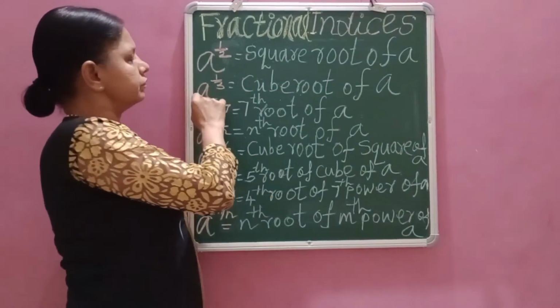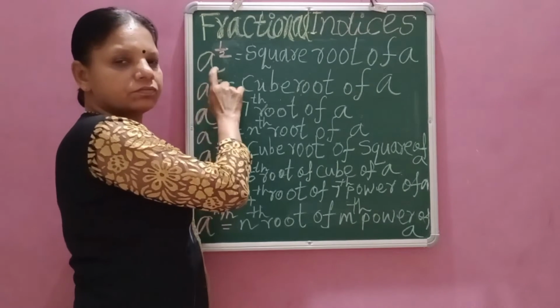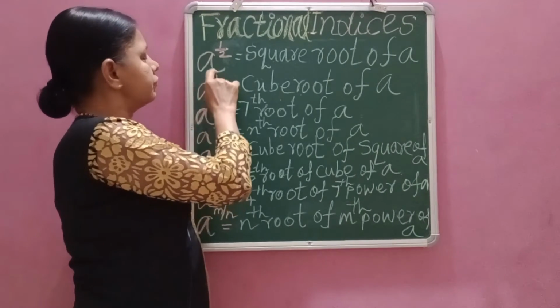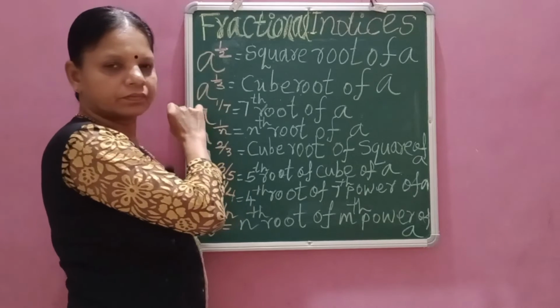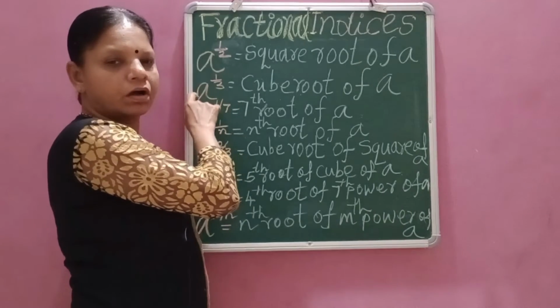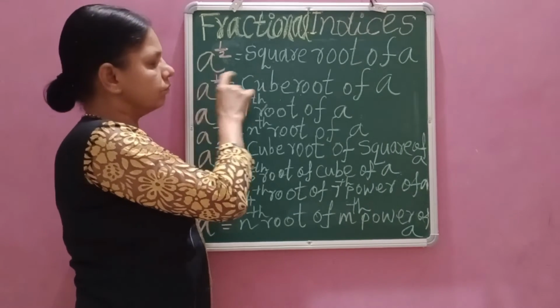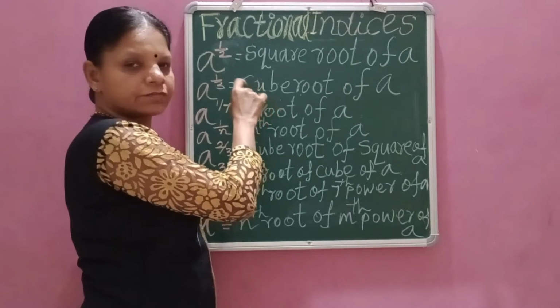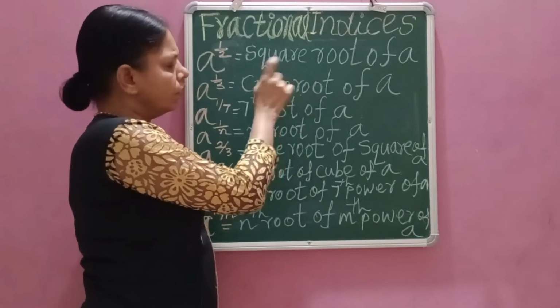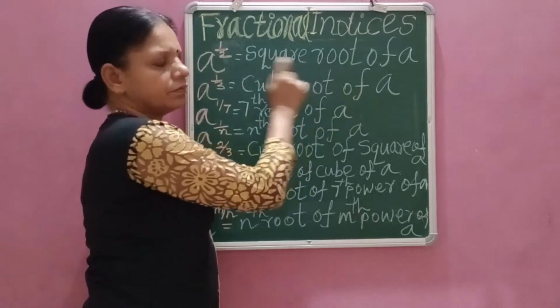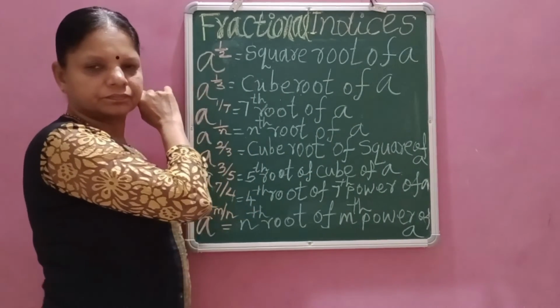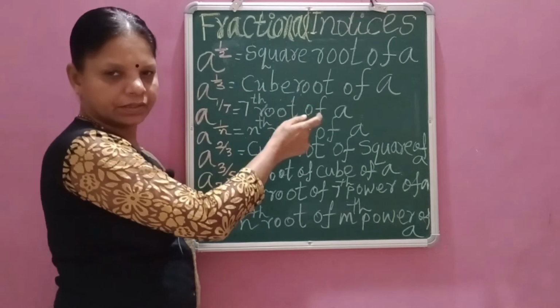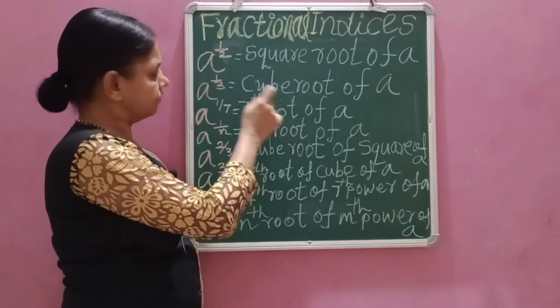Now the next one. Here also the numerator is 1. A raised to 1 upon 3. Third root of a. Third root is also called cube root. Cube root of a. Clear?